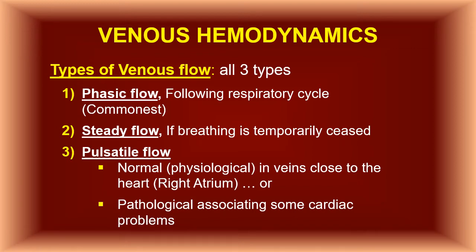But sometimes you might also have pathological pulsatile flow that usually happens in association with cardiac problems, volume overload or sometimes overhydration. So there are a lot of pathological conditions, some valvular problems in the heart. All these are pathologic changes that might be associated with pulsatile flow.